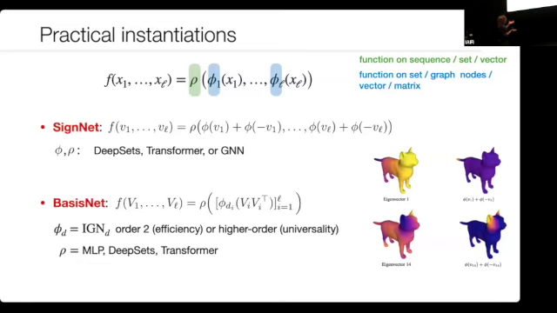And then the phi function we could parameterize again, depending on whether we want to use it, say, for a graph, where we want the permutation equivariance or not. We can use a graph neural network or just an MLP. So that gives us different architectures. We call them SignNet and BasisNet. SignNet is the one that is just the sign flips, and BasisNet is the one that does the basis rotation invariance.